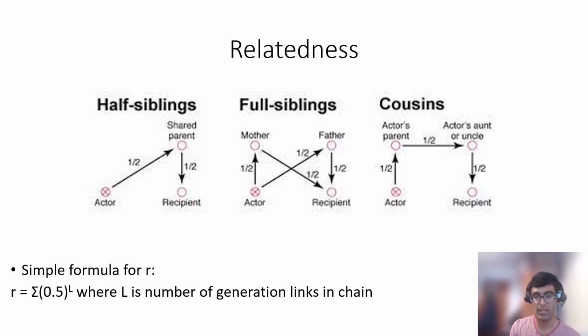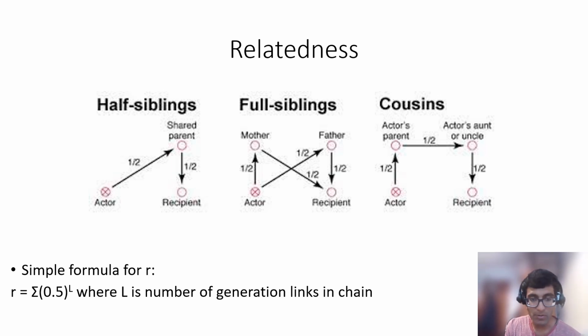The relatedness of an actor to the actor's parent is a half. That parent to the parent's brother or sister, so the aunt or uncle of the actor, is a half, and the recipient is a child of that individual and therefore is a half. And so you have a half times a half times a half, which gives you an eighth, as you saw on the previous slide.